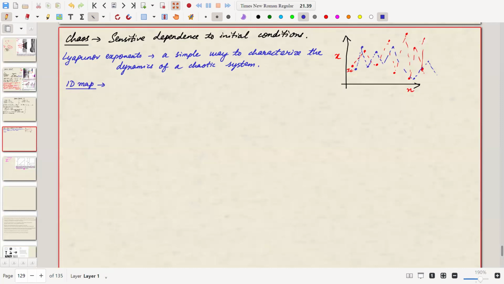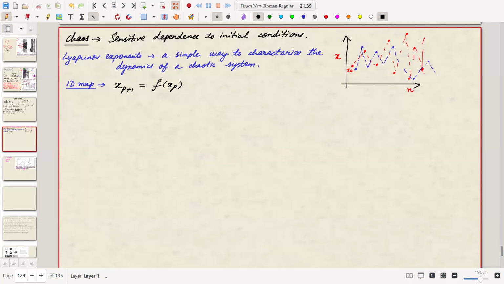So it's a 1D map, right? How many Lyapunov exponents will it have? One only. So we'll just have a number lambda, and that is our Lyapunov exponent. We will not have more than that. So consider a general 1D map. Can you say how it looks like? Say x_{p+1} equals f of x_p. It is fine, instead of n, I have just used p.